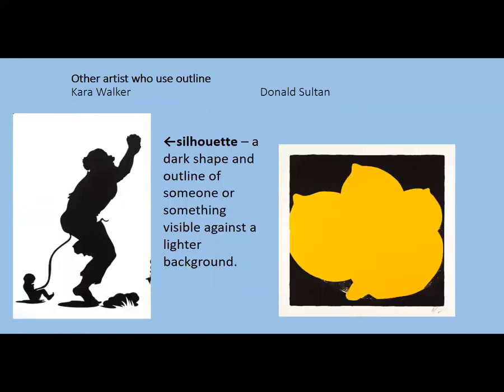So here are some other artists who use outline. One of them is Kara Walker. She does what are known as silhouettes. A silhouette is a dark shape, and it's an outline of someone or something, and it's visible against a lighter background. A lot of times her work has to do with slavery and the plantation system and the violence of the slave masters toward the slaves.